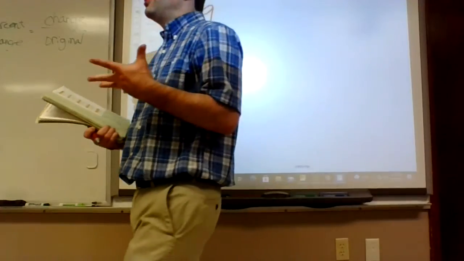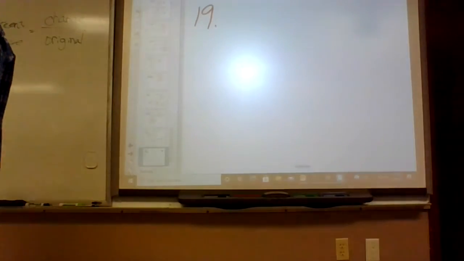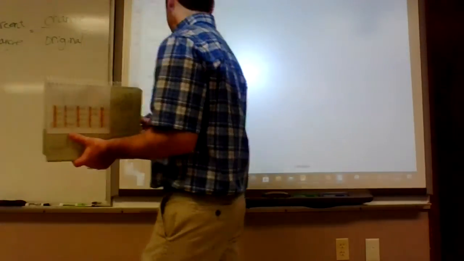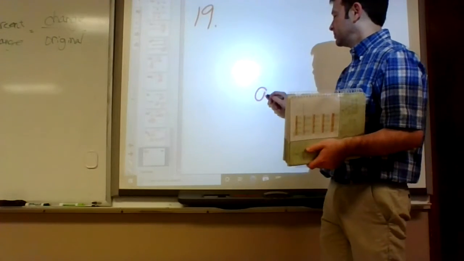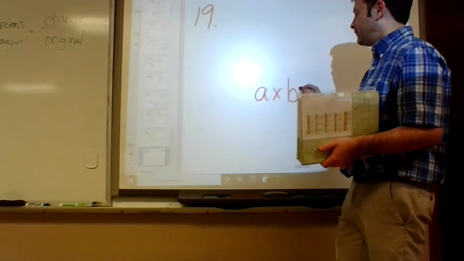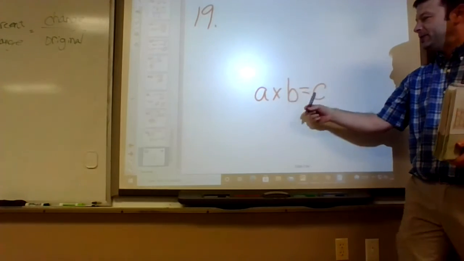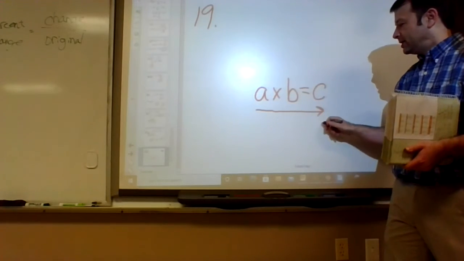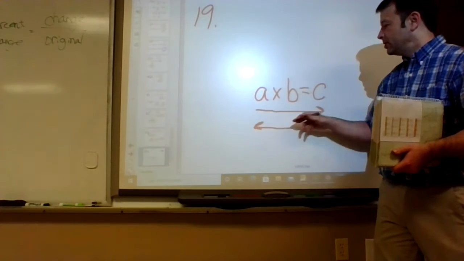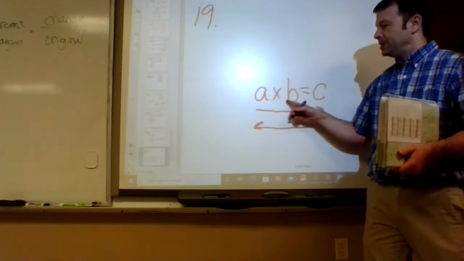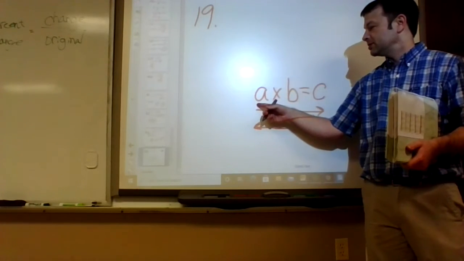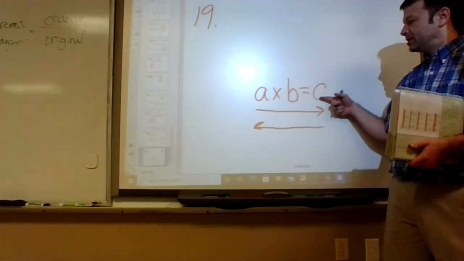How do we go backwards and find A? If A times B equals C, then if we want to go backwards, we do C divided by B to get A. If it multiplies this way, then it divides this way.